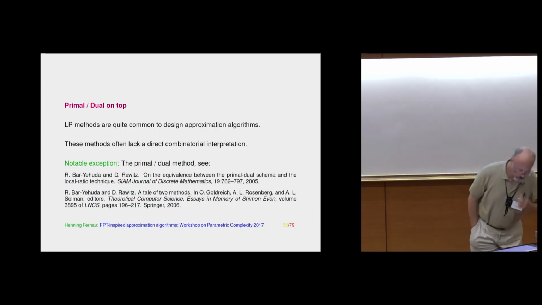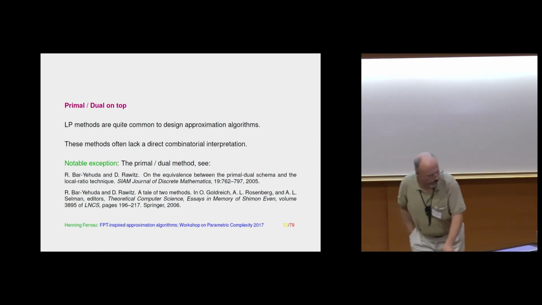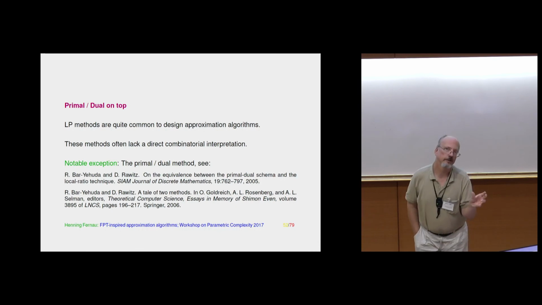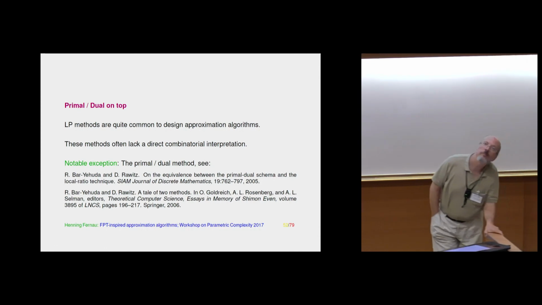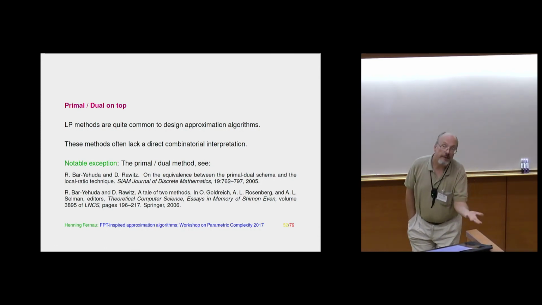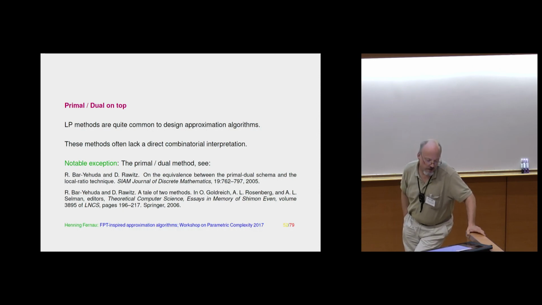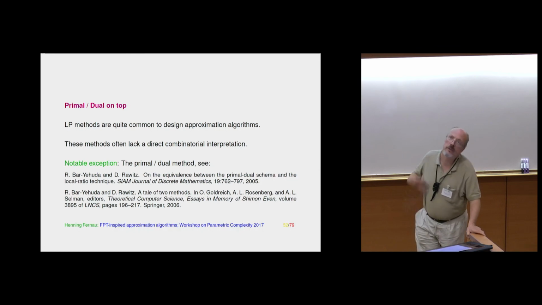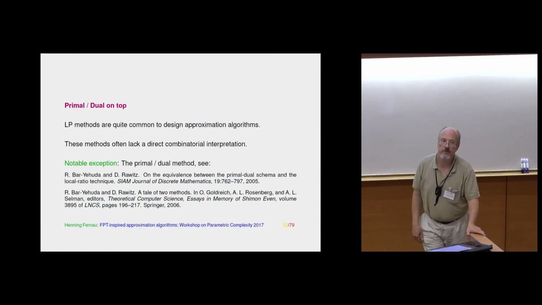And even more, there is a certain type of equivalence between this type of very simple reduction-based, if you want to see it like this, local transformation techniques called local ratio, which are of purely combinatorial nature, and things which are usually proved by LP techniques like primal-dual schemes.